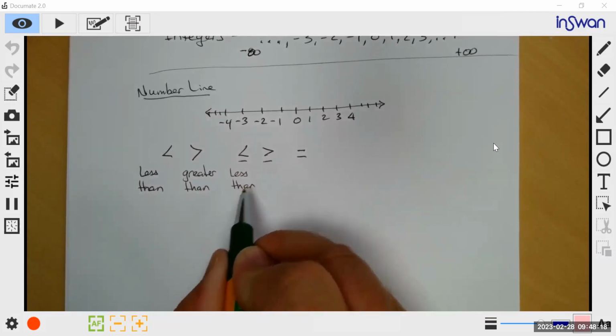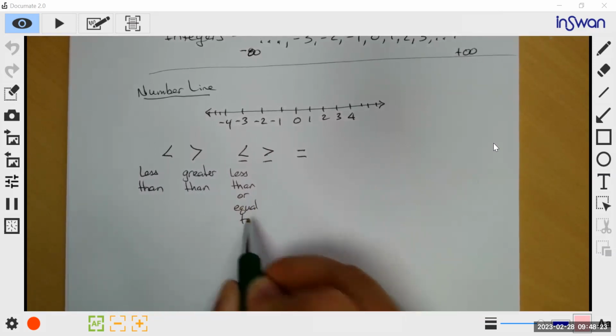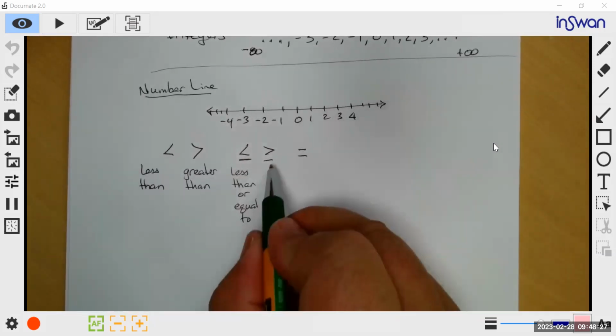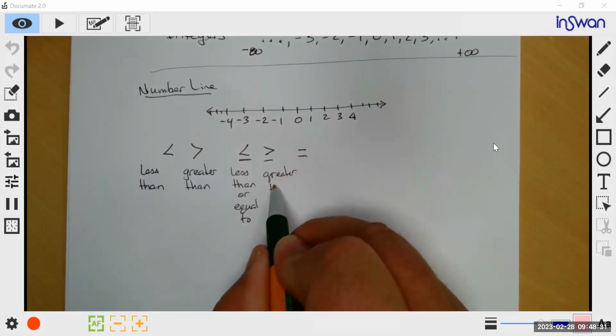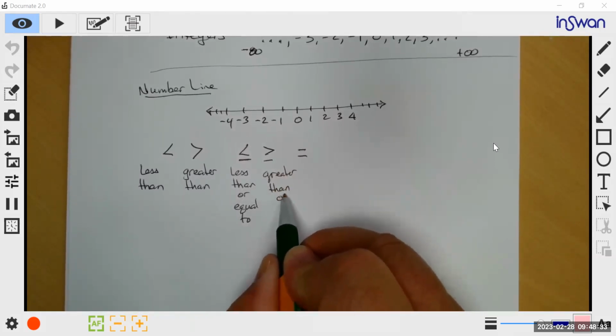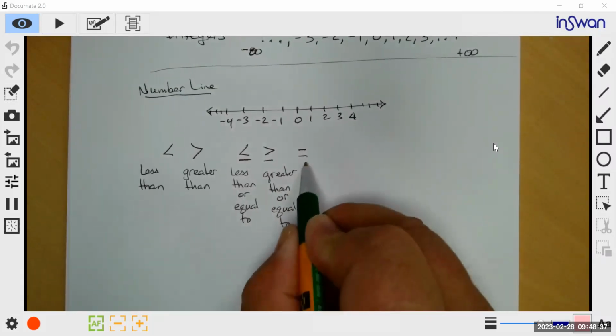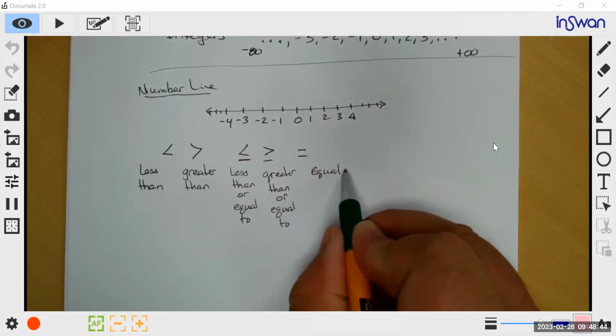Less than or equal to, because of this line down here. And this one is greater than or equal to. And then that means the last one is what? Equals, or equal to.